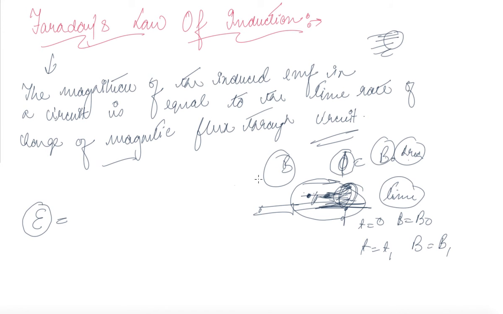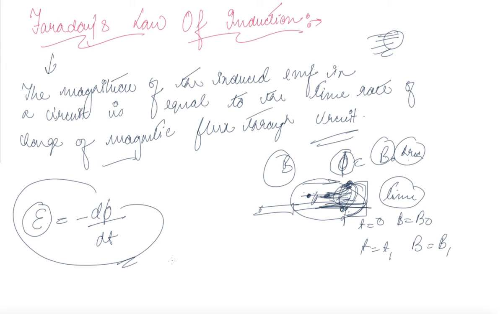An induced EMF is generated in your electric circuit, and if you join the EMF with a wire, then what we'll see is there is a flow of current. And that EMF is nothing but the change in flux with respect to the change in time, dt. So this is what we know.